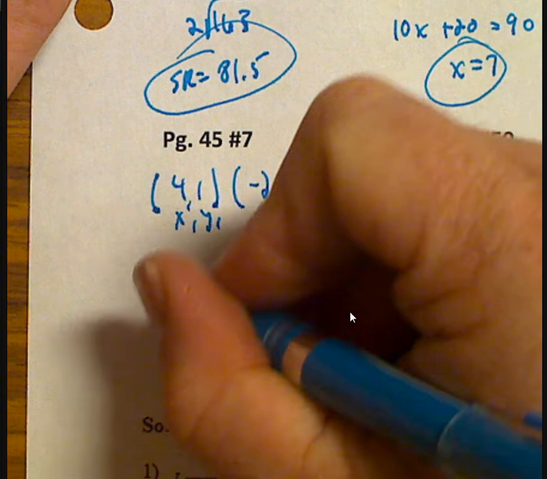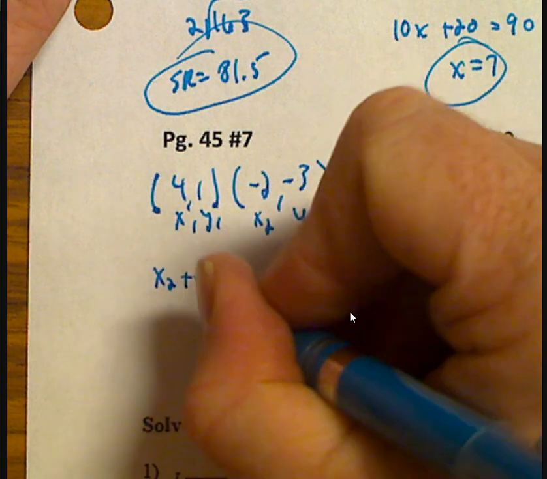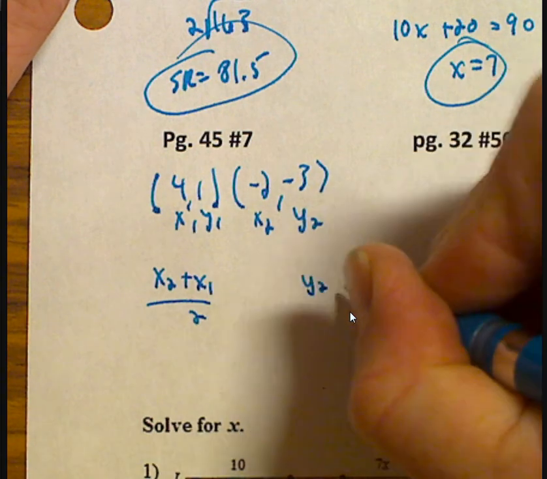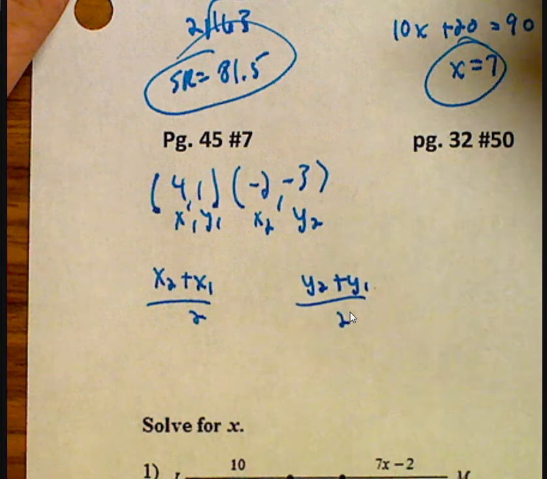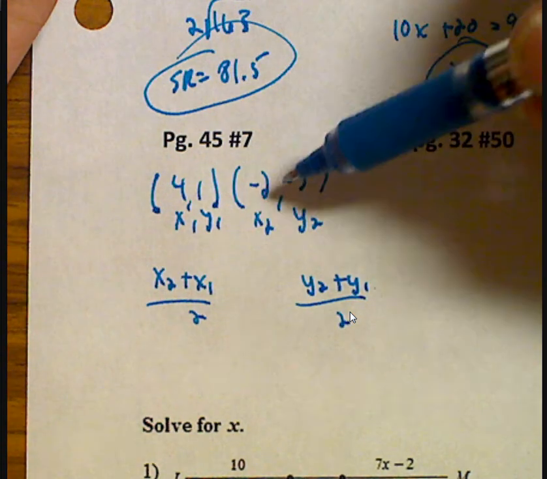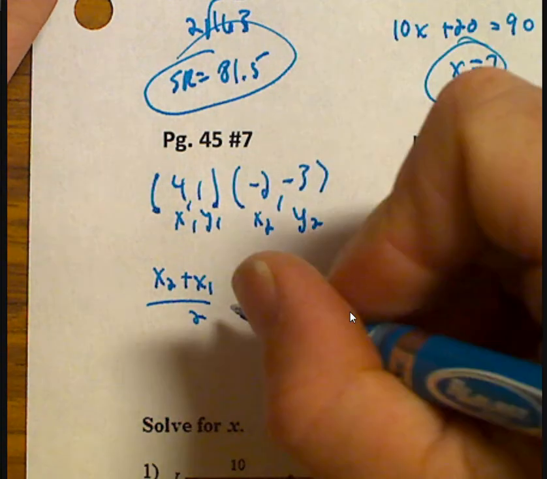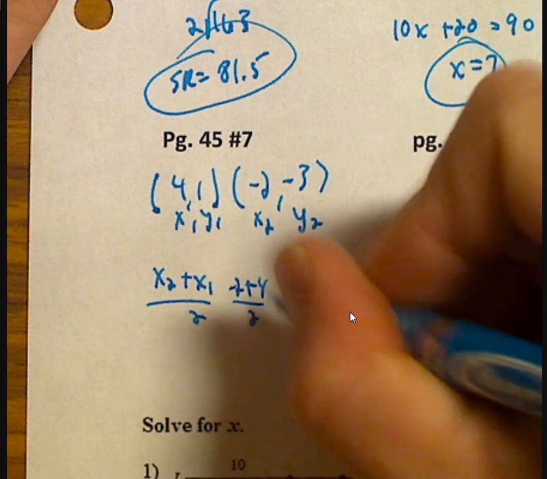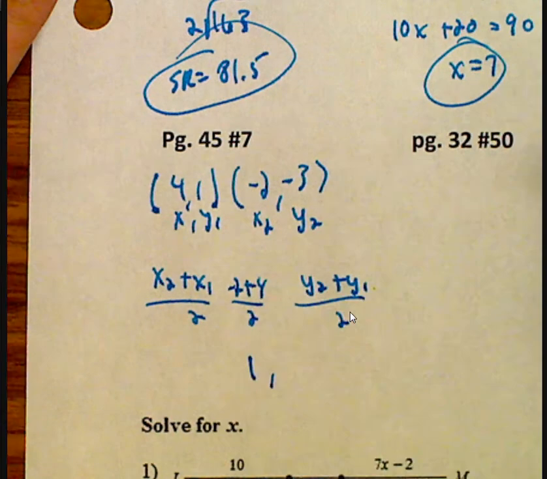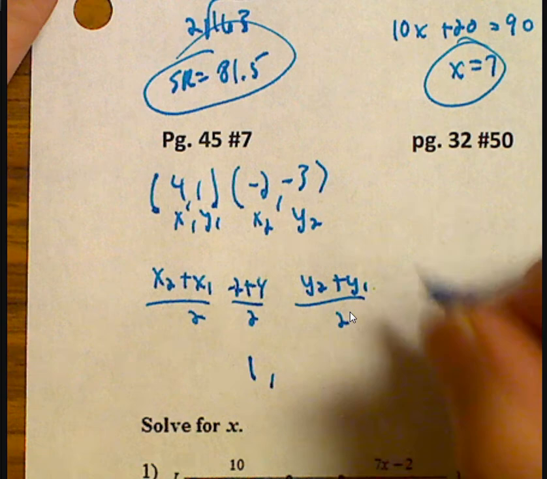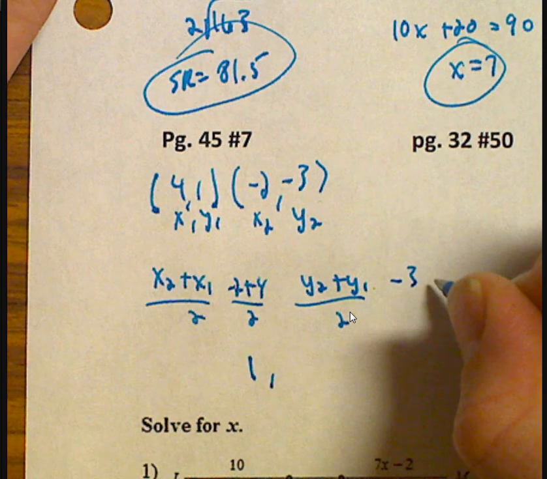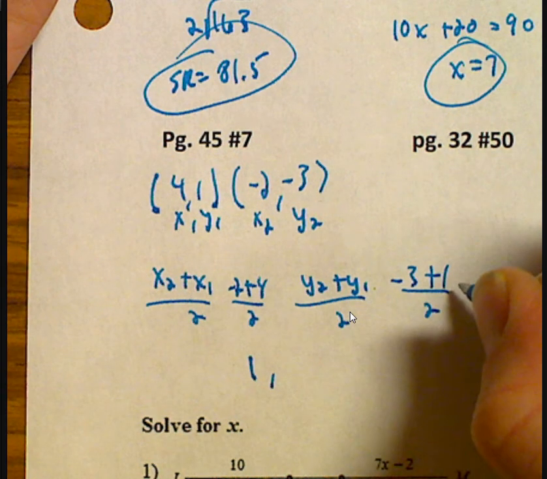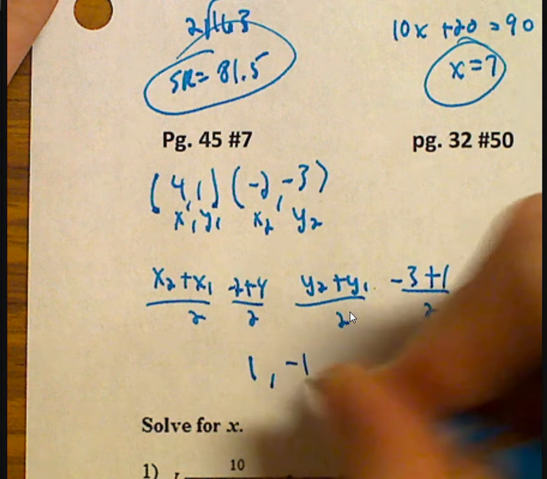If I label, it's going to be x2 plus x1 divided by 2, y2 plus y1 divided by 2. So -2 plus 4 divided by 2, that would be 2 over 2 is 1. So -3 plus 1 divided by 2, that's -2 over 2, which is -1.